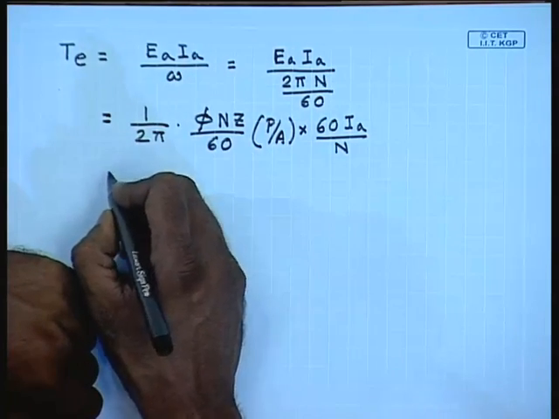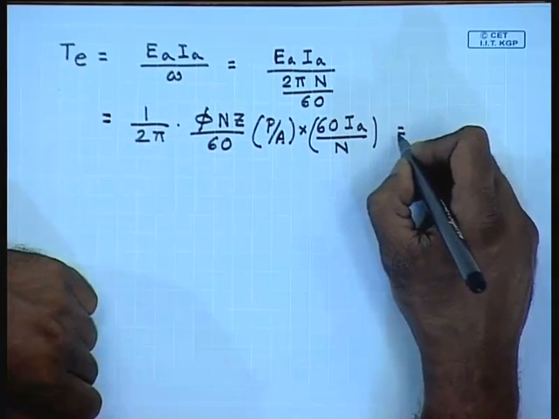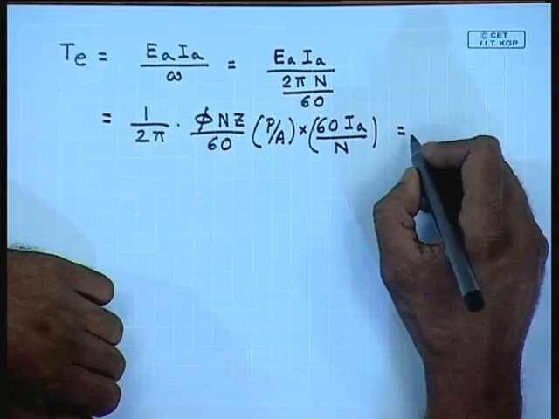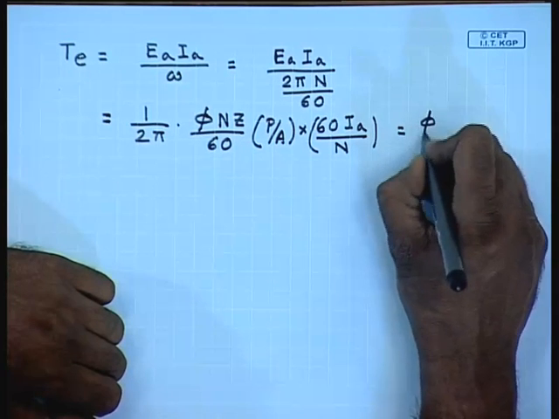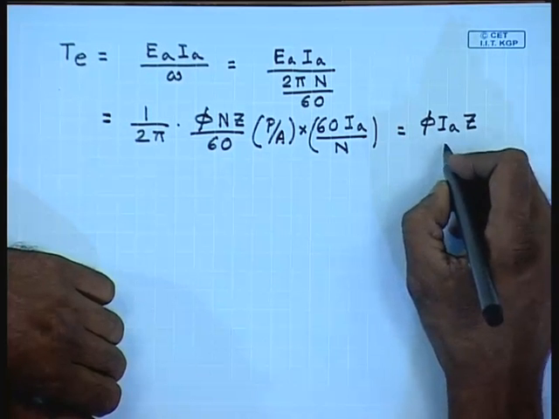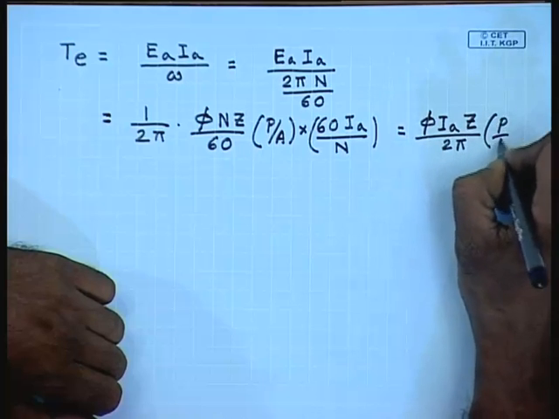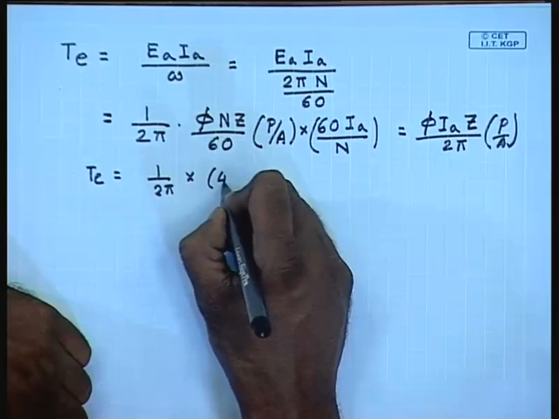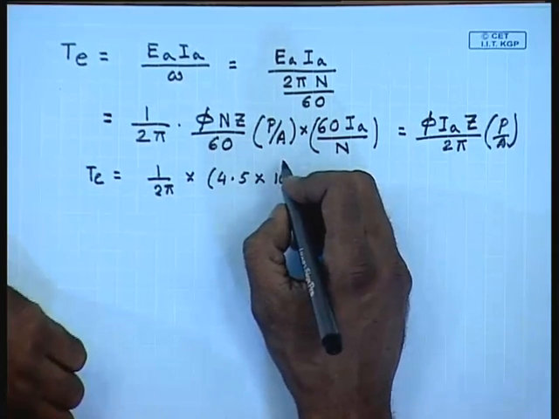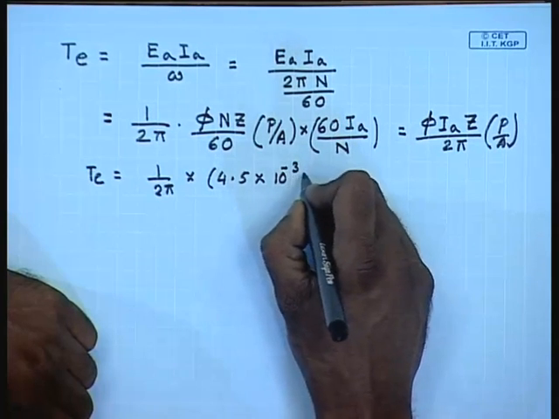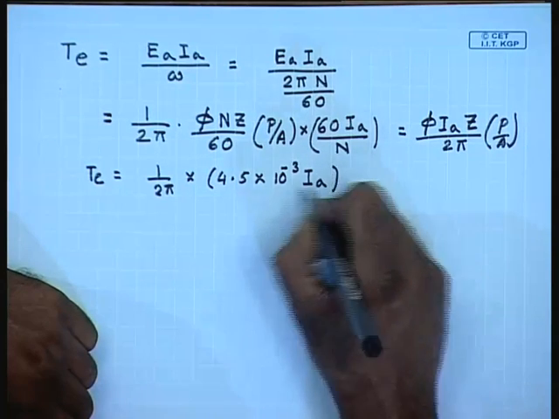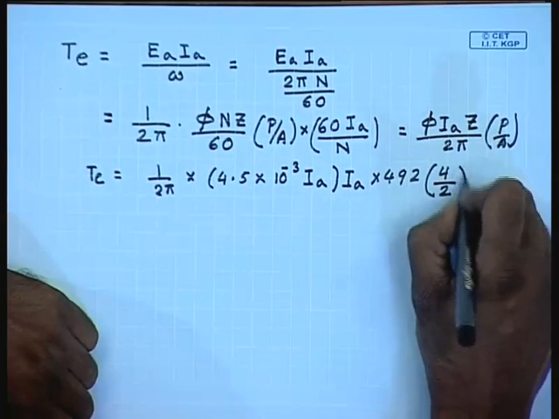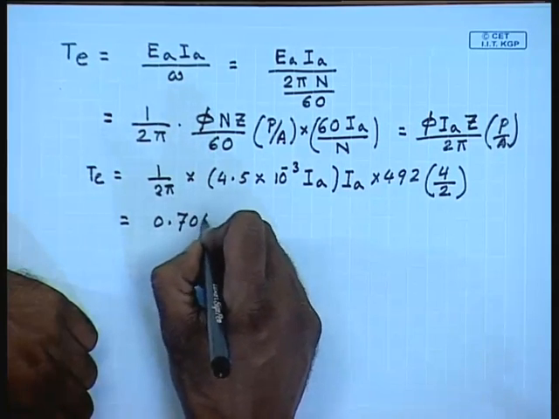This comes to phi Ia Z by 2 pi into P by A. So, Te comes to 1 by 2 pi into 4.5 into 10 to the power minus 3 into Ia into Ia, this is the flux, into 492 into number of poles 4 by number of parallel paths 2. So, this comes to 0.705 Ia square.